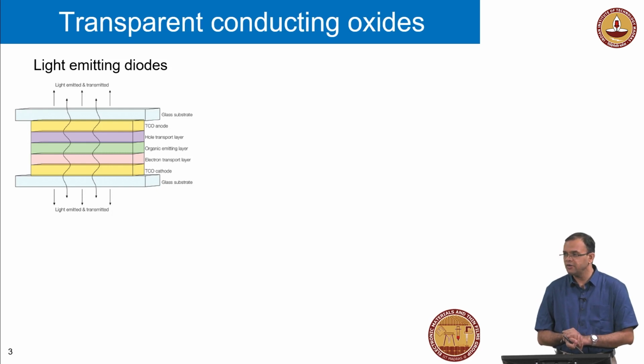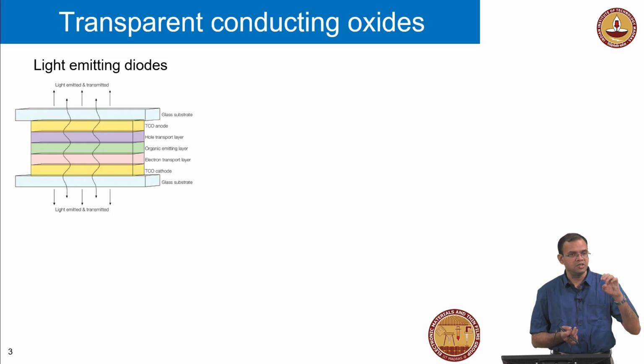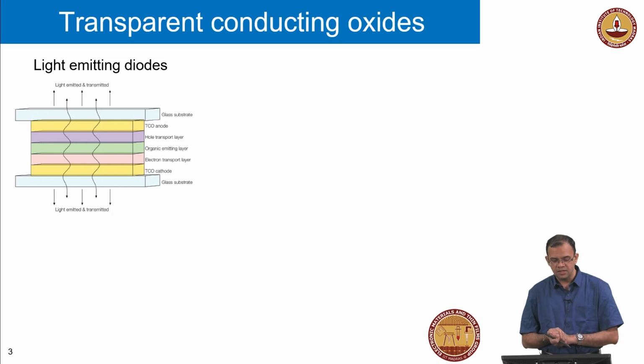So most of our displays that we use, so whether it's a smartwatch or for a smartphone, a tablet, a laptop, even a TV, all have displays that are made out of LEDs. LEDs essentially have a hole transport layer, an electron transport layer, there are emitting layers, but ultimately somehow I must let charge carriers reach these layers so that I can have a light that comes out.